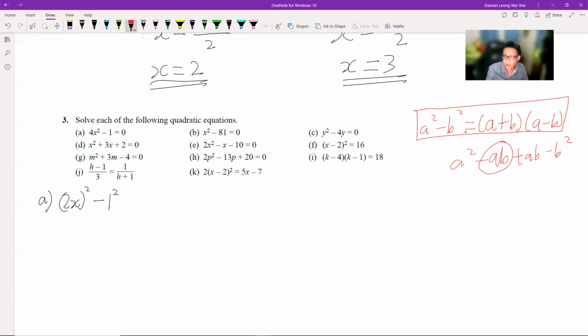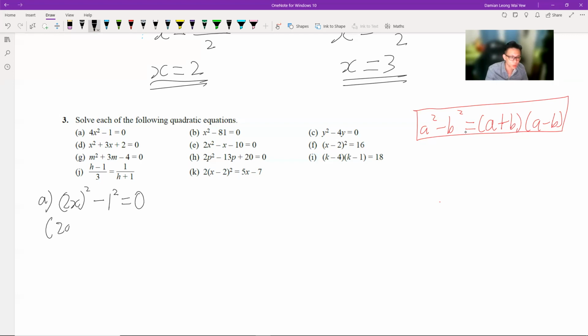Minus ab plus ab becomes 0. That's why I'm left with a squared minus b squared. So try to remember the relation without needing to do that. And always remember 1 is the same as 1 squared. So this is a squared minus b squared form.